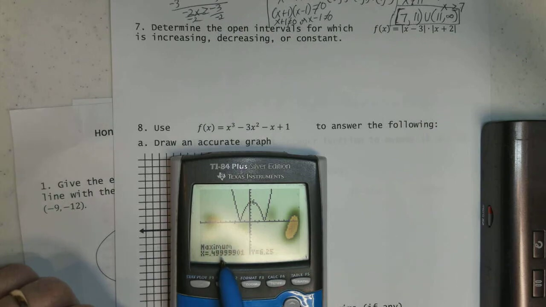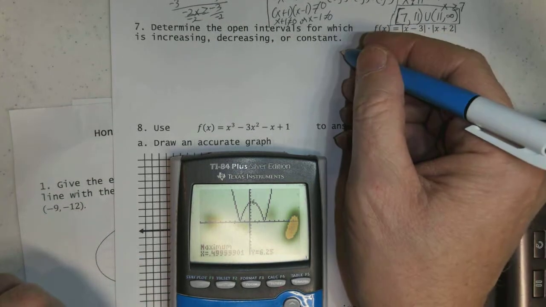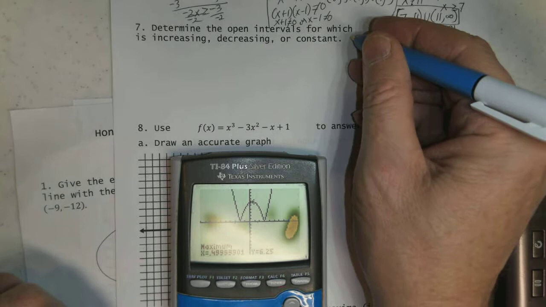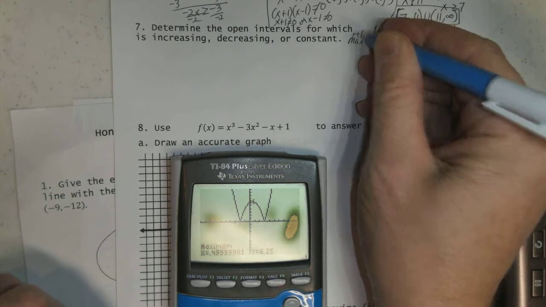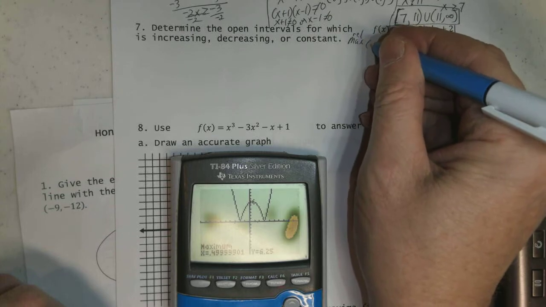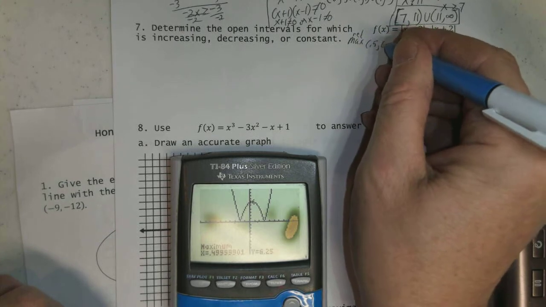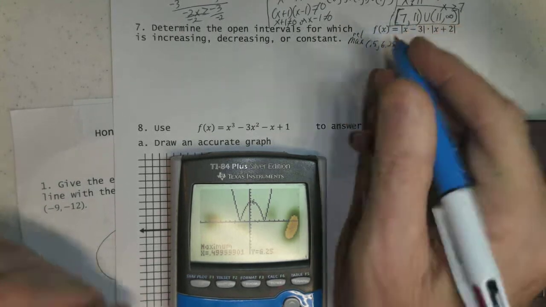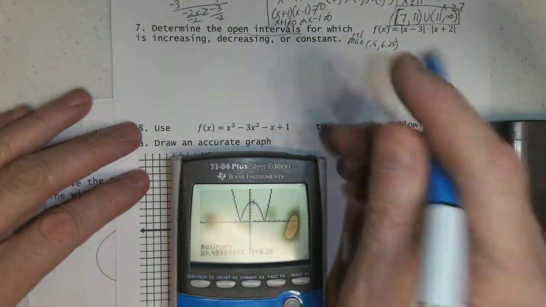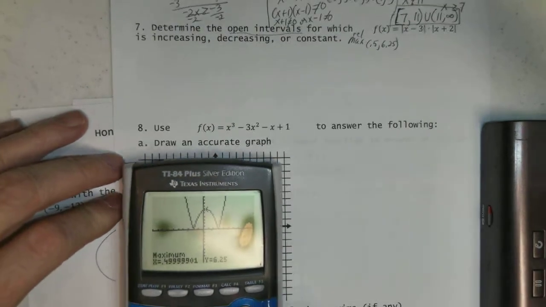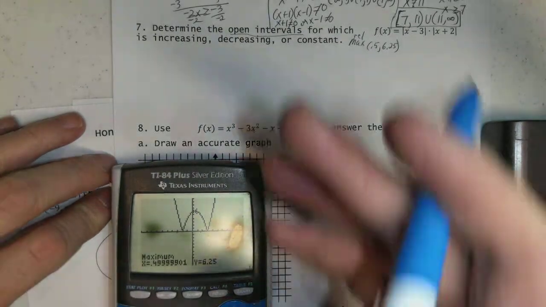I'm going to call that 0.5 and 6.5. That max, that relative max is 0.5 and 6.25. Now these are the open intervals on x. I guess that's not saying that, but I think we've done that enough that we should know that.